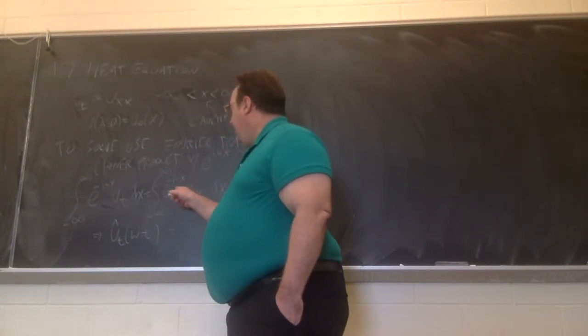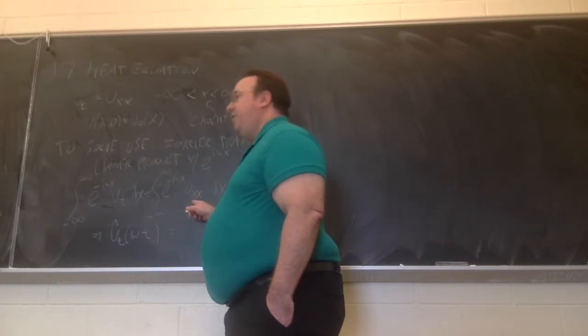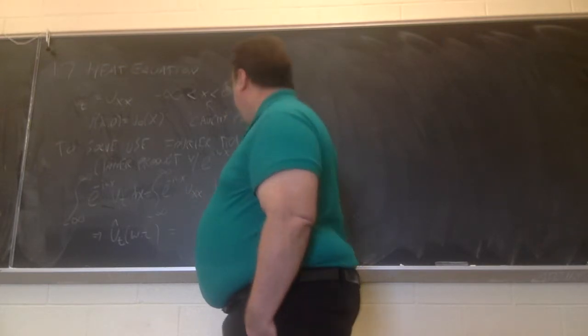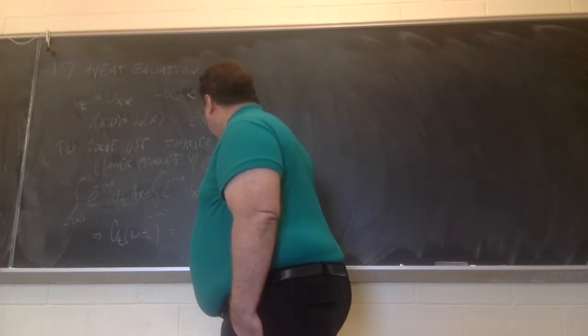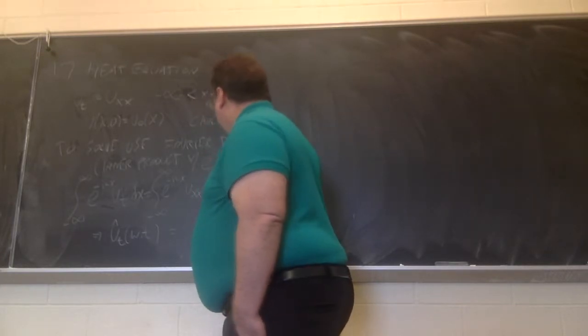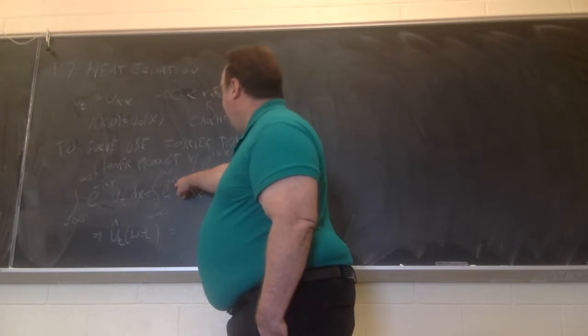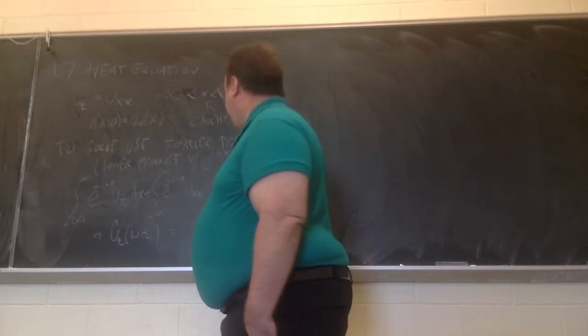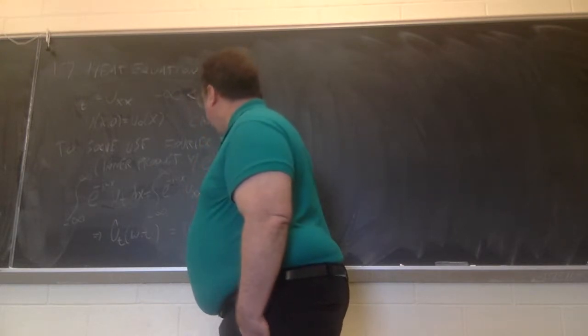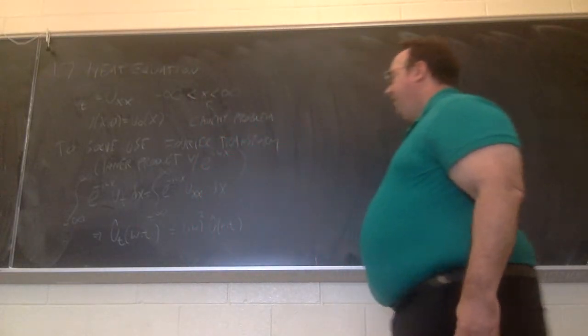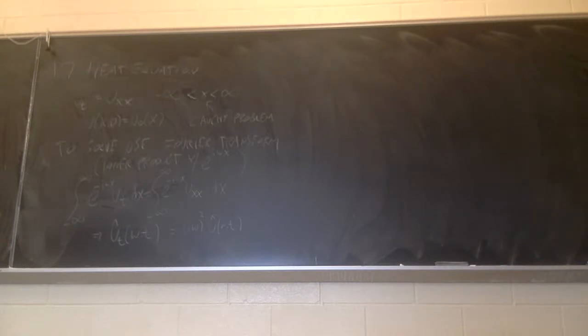And then here, the Fourier transform of a derivative with respect to x is just going to be the Fourier transform of the original function times i omega to whatever order derivative. So in this case, it's going to be squared. Okay.